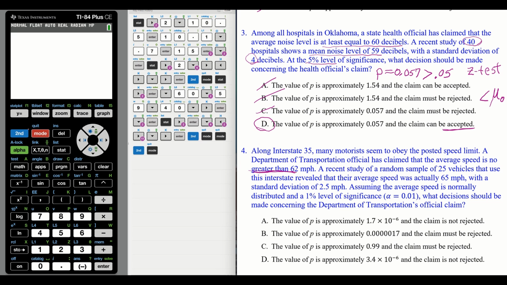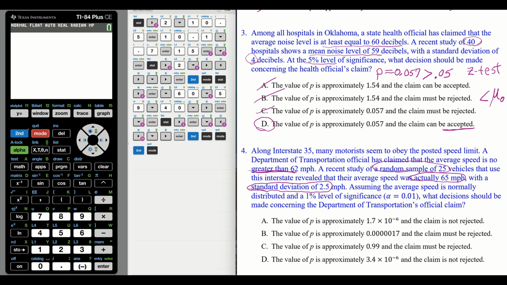A recent study of a random sample of 25 vehicles that used this interstate revealed that their average speed was actually 65 miles per hour with a standard deviation of 2.5 miles per hour.